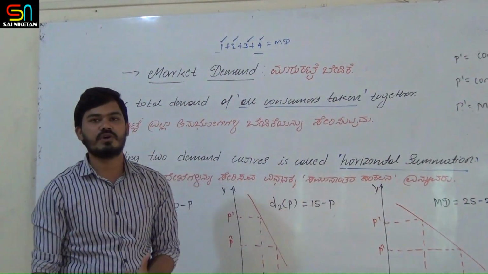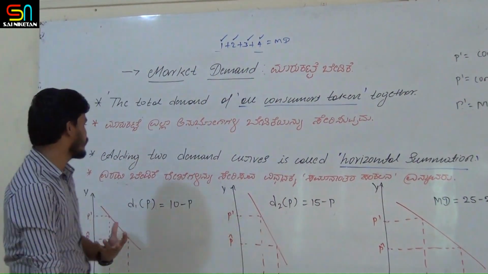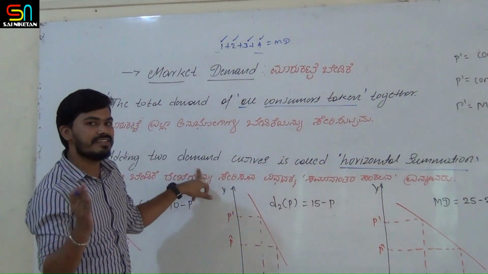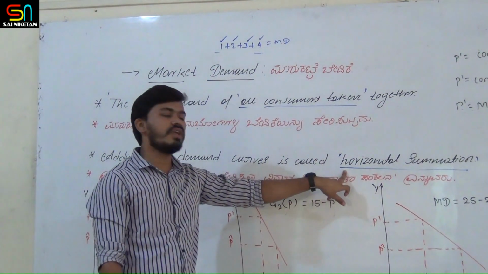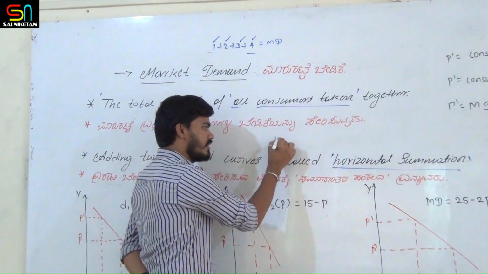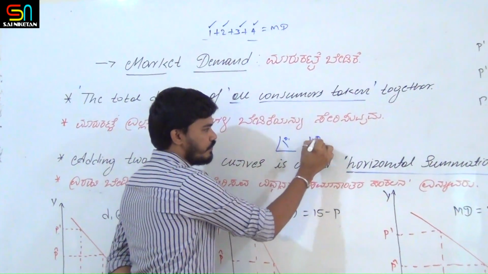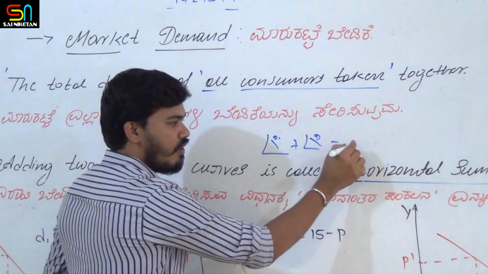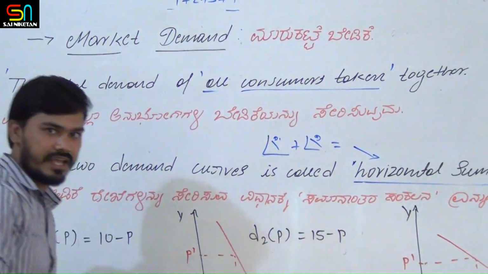In our annual exam and many others, they will almost certainly ask this question. For example, individual demands D1 and D2: adding these two individual demand curves is called horizontal summation. Is it clear?